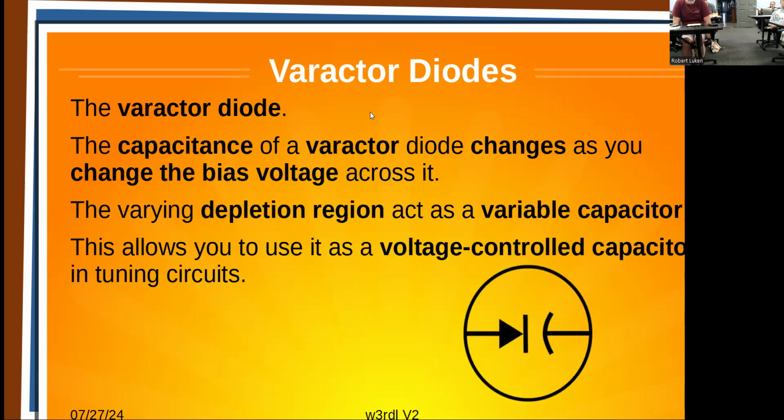Varactor diodes, like I mentioned before, make use of the fact that when reverse biased, the bias potential affects the width of the depletion zone, and therefore the capacitance between the two terminals. So it's a voltage controlled variable capacitor.